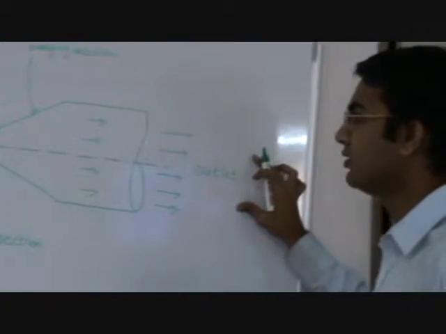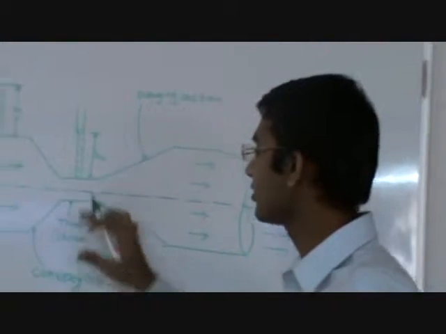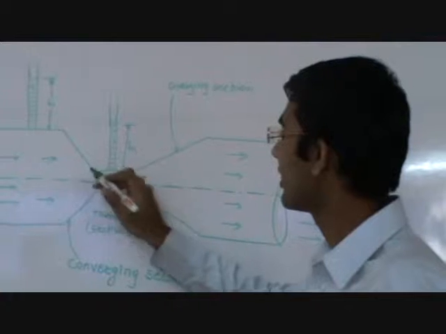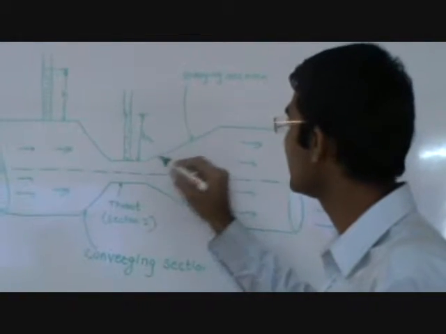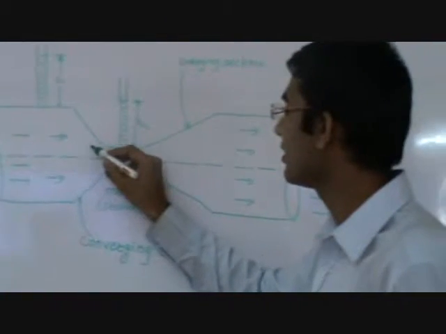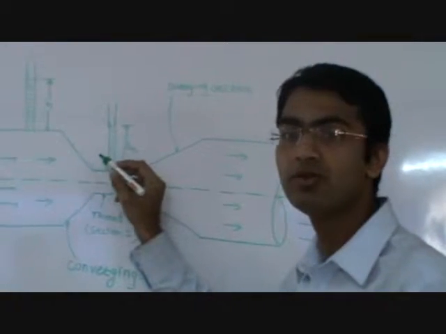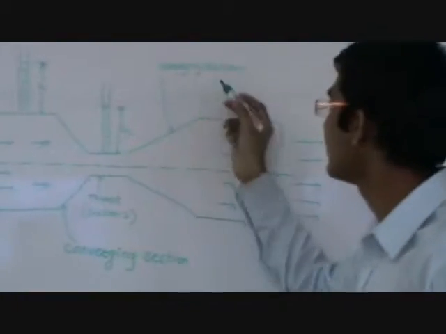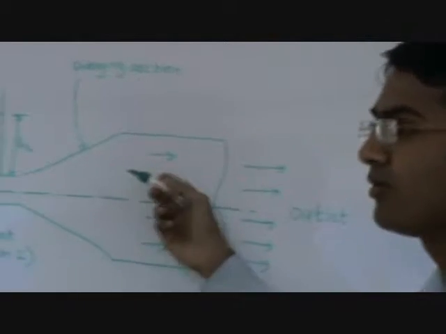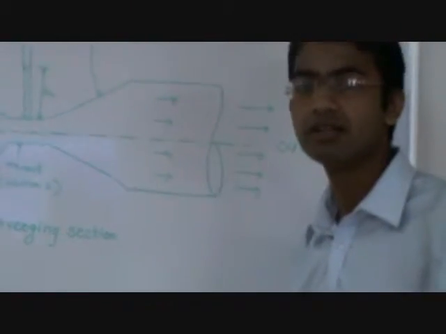If we look at the convergent and divergent sections, the slope of the convergent section is more than the divergent section. Maybe this angle varies from 18 to 20 degrees, and for the divergent section this angle varies from, let's say, 6 to 7 degrees.